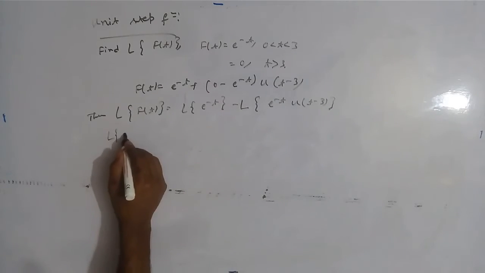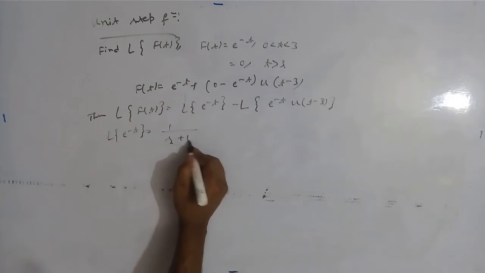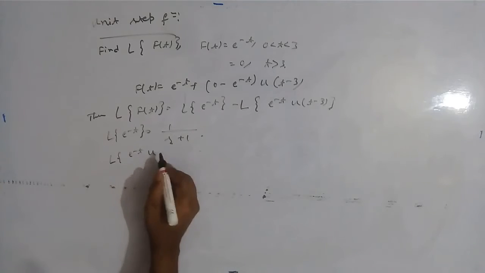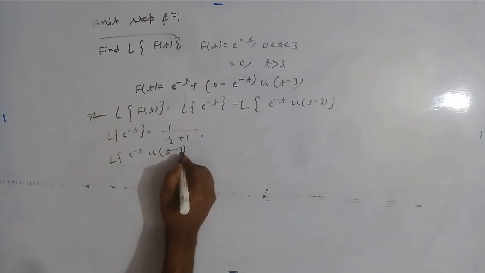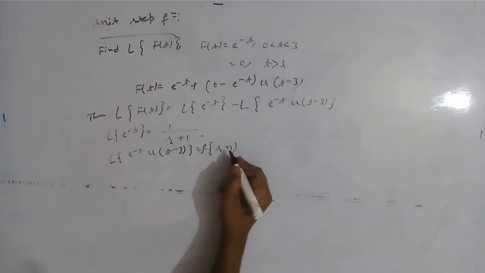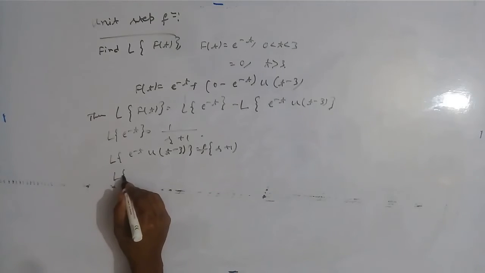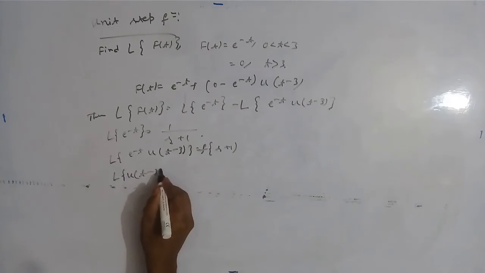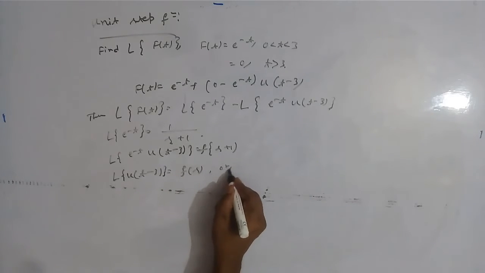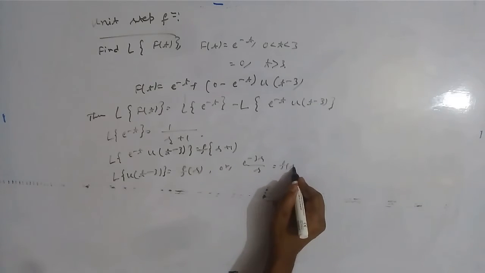So L of e to the power minus t will be 1 by s plus 1 and L of e to the power minus t u of t minus 3 will be f of s plus 1 by first shifting property, where L of u of t minus 3 is equal to e to the power minus 3s by s equal to f of s.